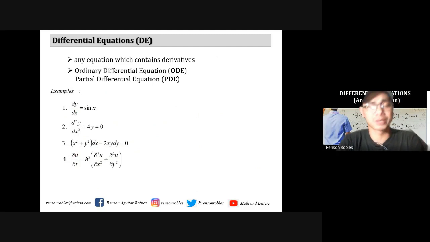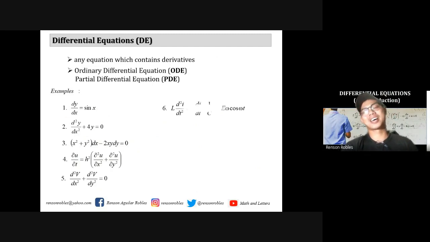Some other examples of differential equations are as follows. I have the second derivative of v with respect to x plus the second derivative of v with respect to y equal to 0. We also have here L times the second derivative of I with respect to t plus R times the first derivative of I with respect to t plus 1 over C times I equals E omega cosine of omega t.